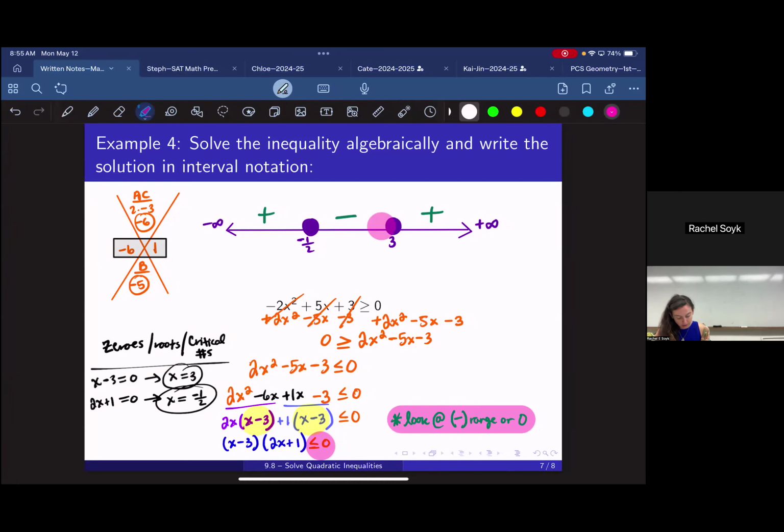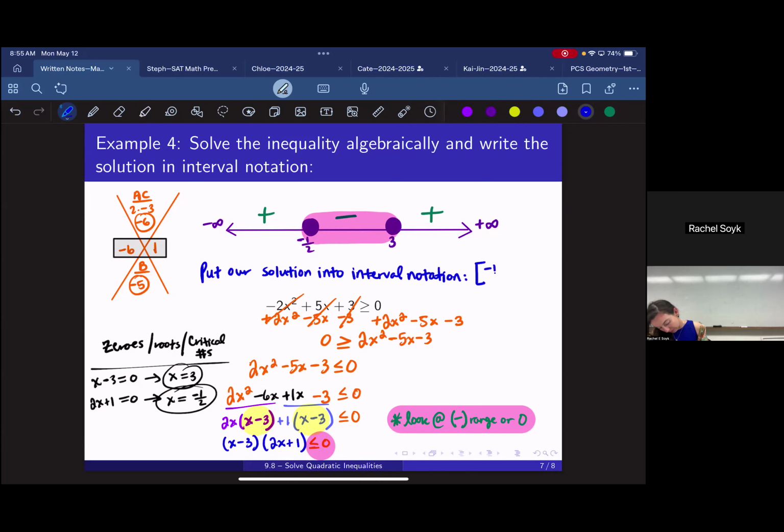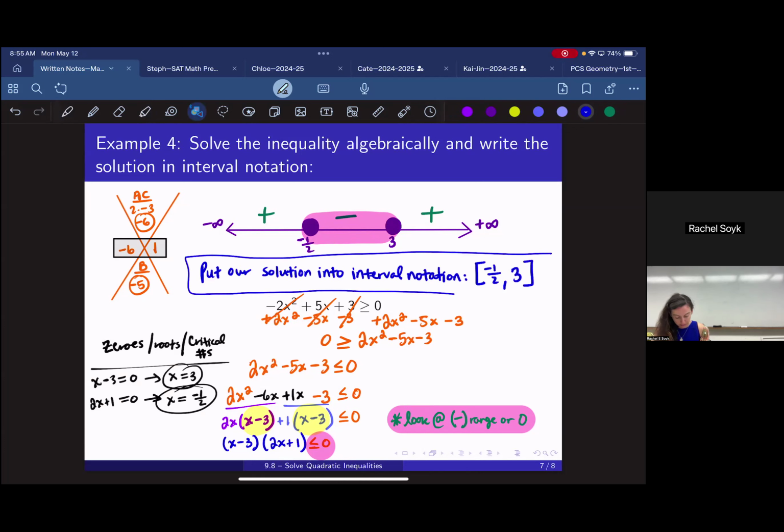And so this is the range we're looking at. And then finally, let's put our solution into interval notation. Since they are closed circles, we're going to have hard brackets from negative 1/2 comma 3, another hard bracket. And that's it. That completes this problem.